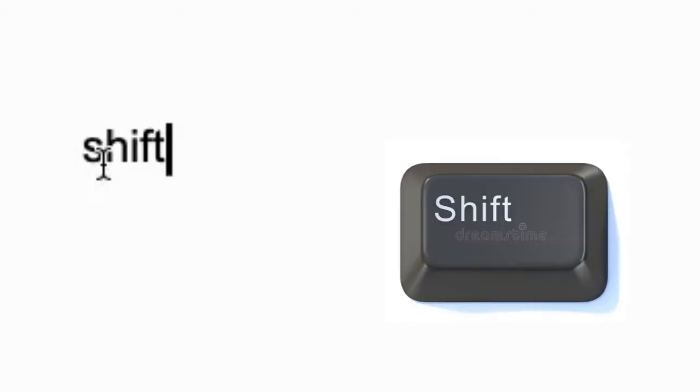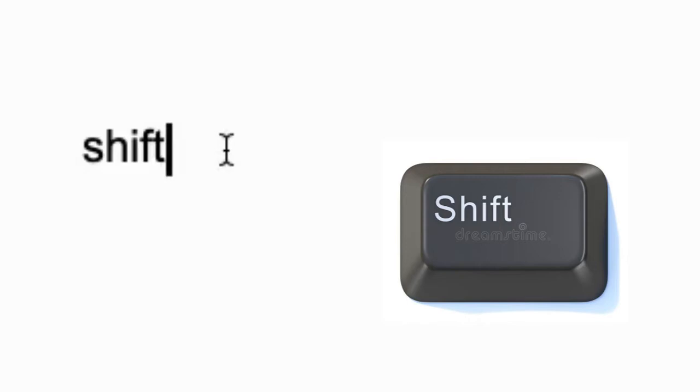You should see your cursor. And the first thing I want you to type is the word shift, S-H-I-F-T. And you'll notice that there is a key on your keyboard called shift. And that key is very important because that's how we make capital letters.